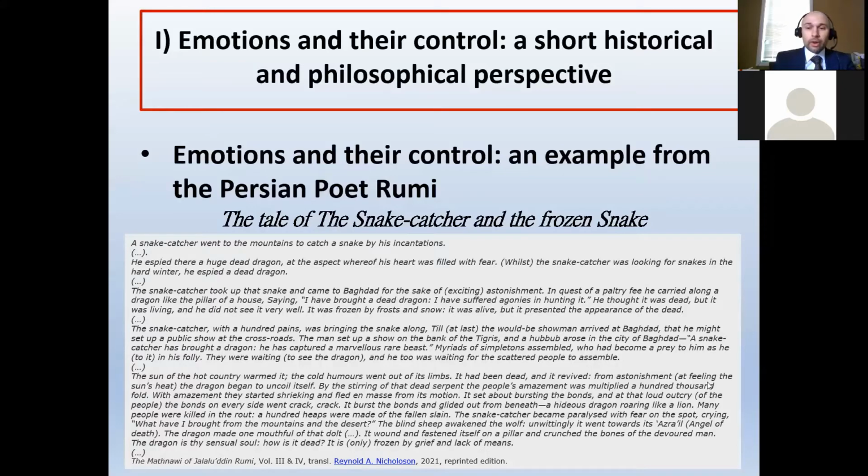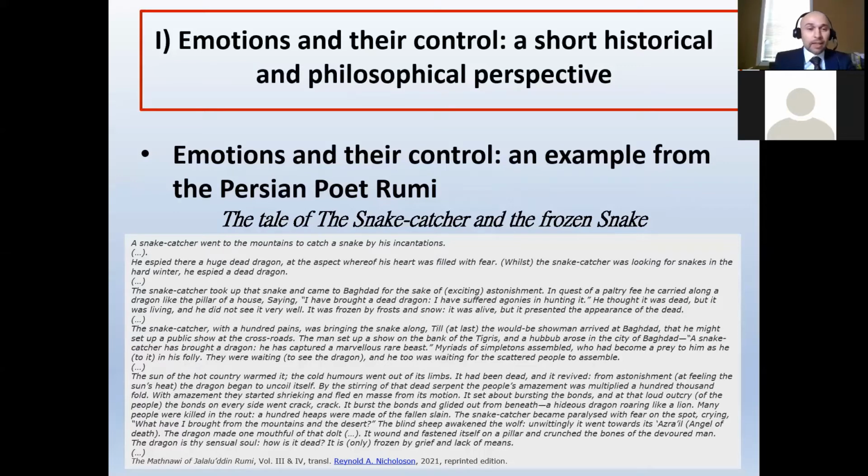Rumi's tales are profound. I cannot give, of course, all the meanings of that. I will just emphasize one or 2 points. The dragon is very linked to emotions. In Rumi's perspective, he wanted to say that sometimes emotions are not there, because there's no stimuli for the emotion, so they don't manifest.